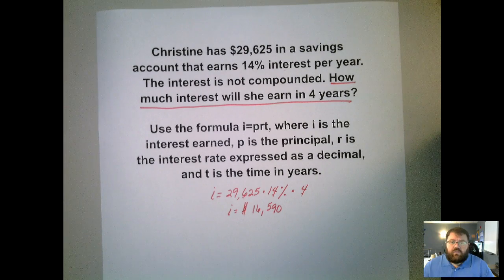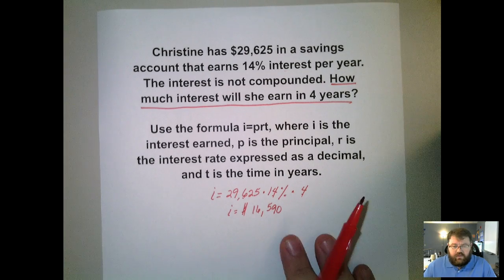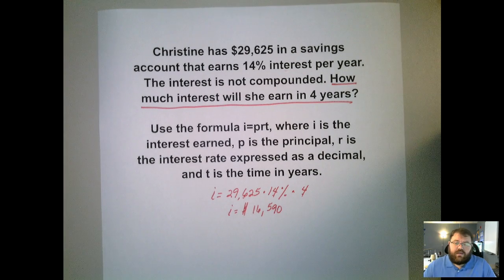So we had three things this week that we needed to focus on. One is simple interest. Second is looking at conversions between fractions, decimals, and percent. That is a fifth grade skill that you review in sixth grade, and you need to know as seventh graders.